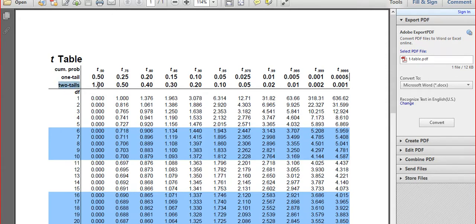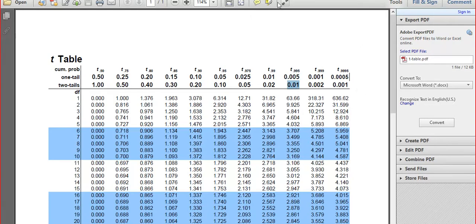And from here we are looking for 1%. Don't get confused with 0.10 because this will be 10%. So we need 1%. So it means this row and this column.